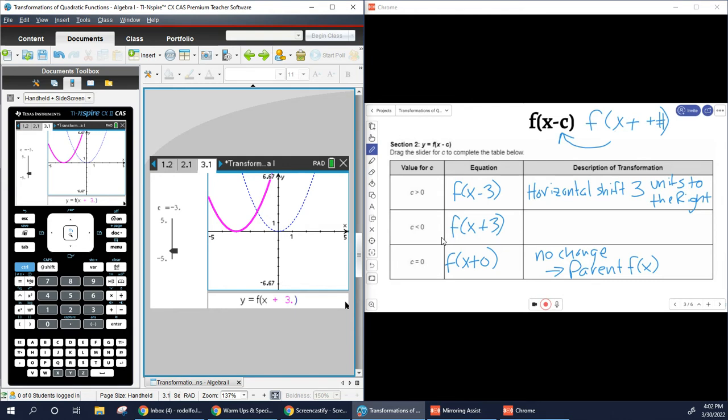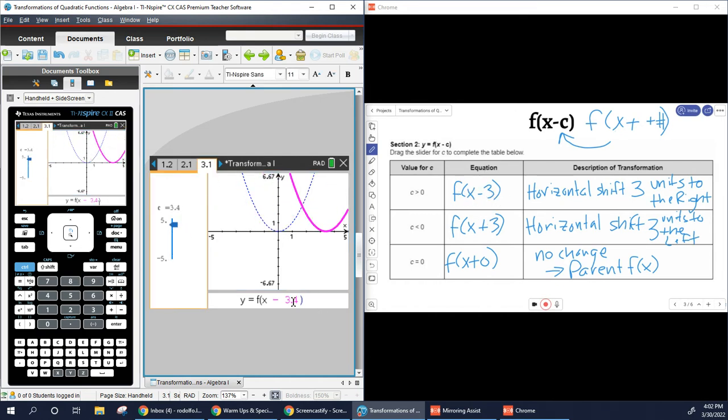So we call this a horizontal shift. And because it's positive 3, we do the opposite. 3 units to the left. So inside the parentheses, we want to look at the opposite behavior.